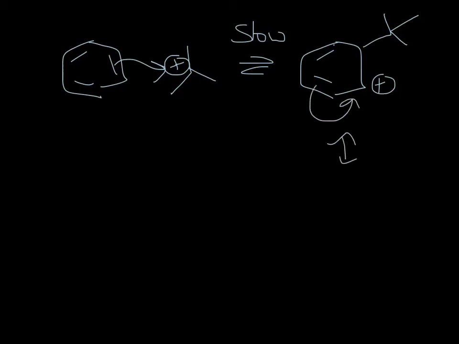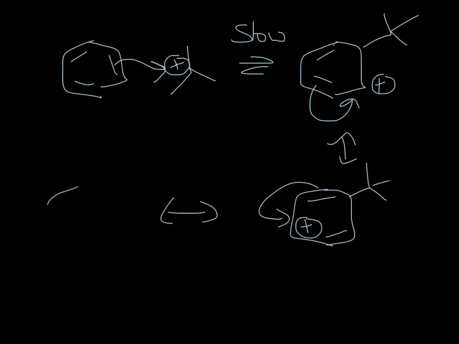So this is my intermediate that is resonance stabilized. I have these three resonance intermediates that stabilize the positive charge as it is rotated around the ring.